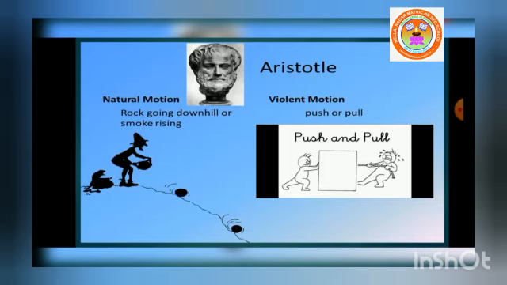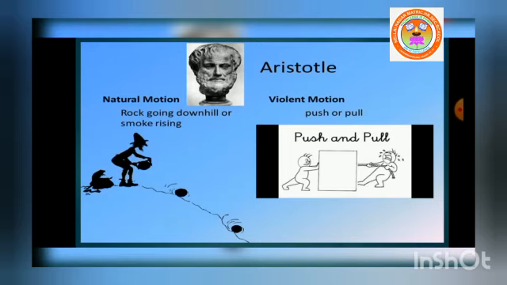Violent motion. He also proposed that a force, that means a push or a pull, is needed to make bodies move from their natural state, that means rest, and behave contrary to their own natural state, called violent motion.